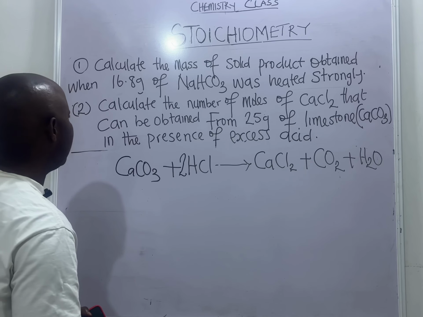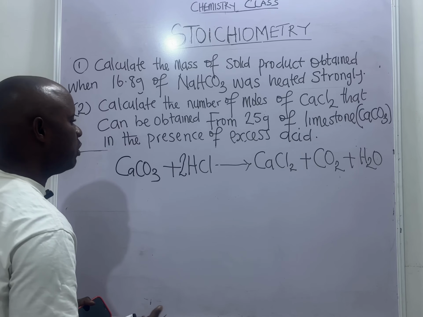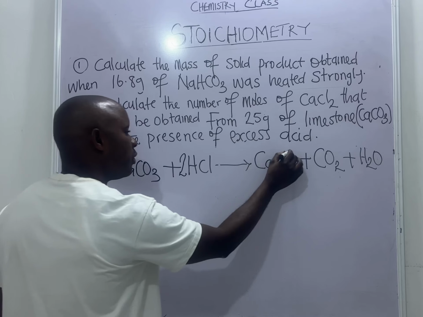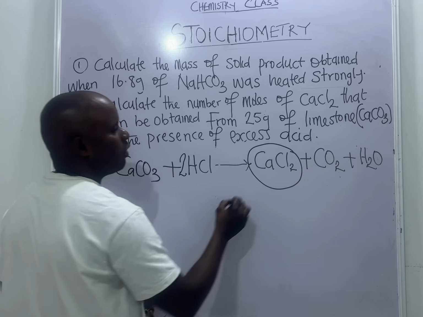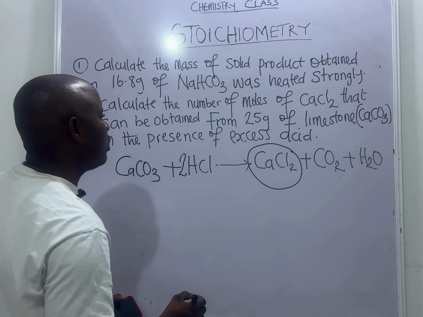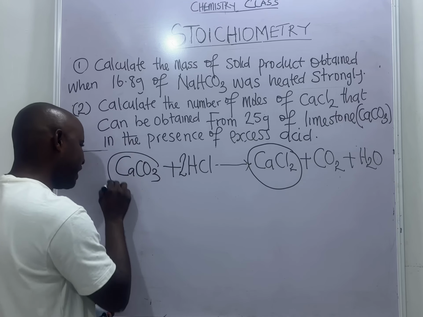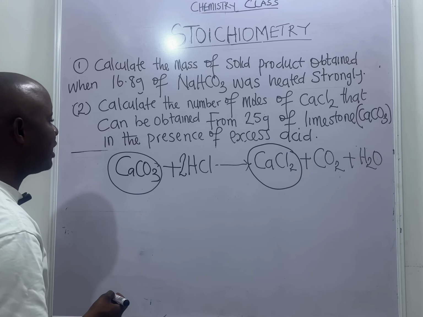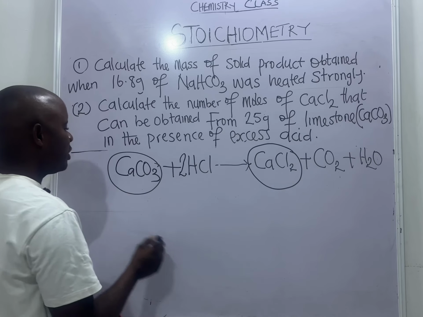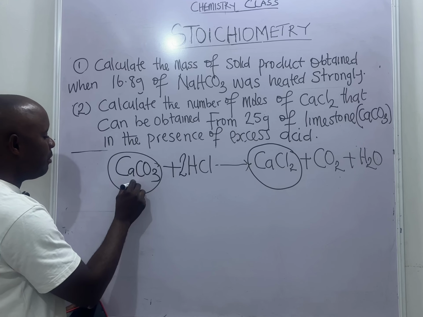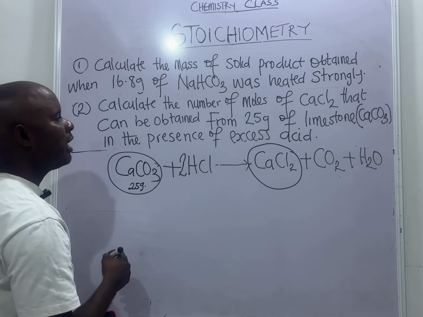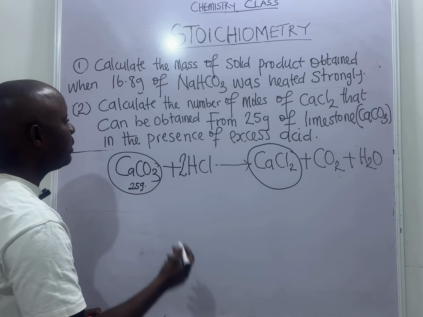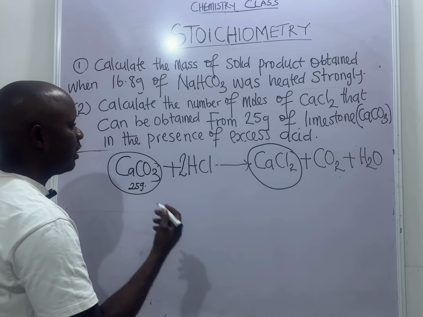What is mentioned here is to calculate the number of moles of calcium chloride. We are to look for the amount of calcium chloride that can be obtained from 25 grams of limestone, which is given to us.